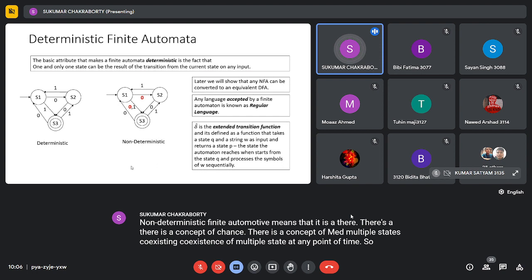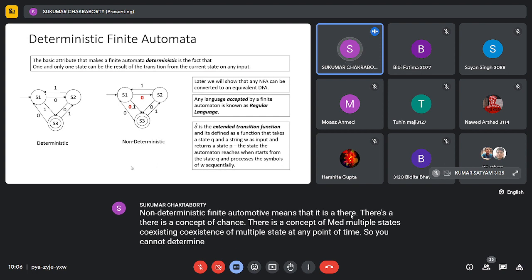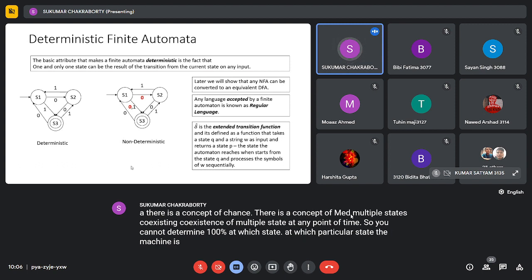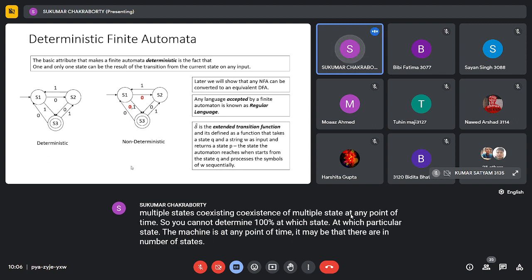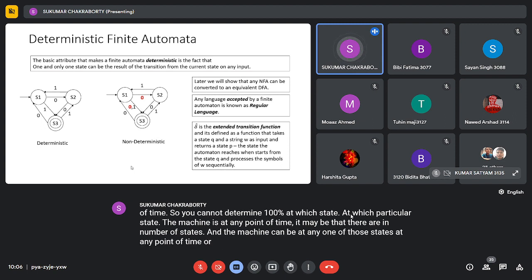So you cannot determine 100% at which particular state the machine is at any point of time. It may be that there are n number of states and the machine can be at any one of those states, or the other way of saying it is that it is at all the states at that point of time.